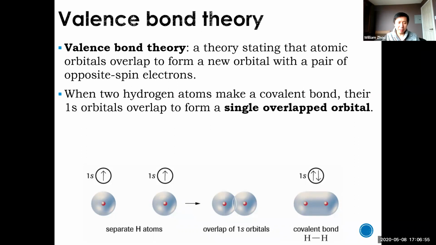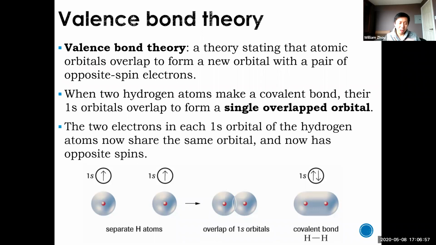The spin of one of the electrons will be reversed, because you must have opposite spins to be in the same orbital, so the up spin becomes the down spin. That's how you have a covalent bond between two hydrogens. The red dots in the figure are nuclei, not electrons. The electrons are likely to be found between the nuclei of the two atoms.